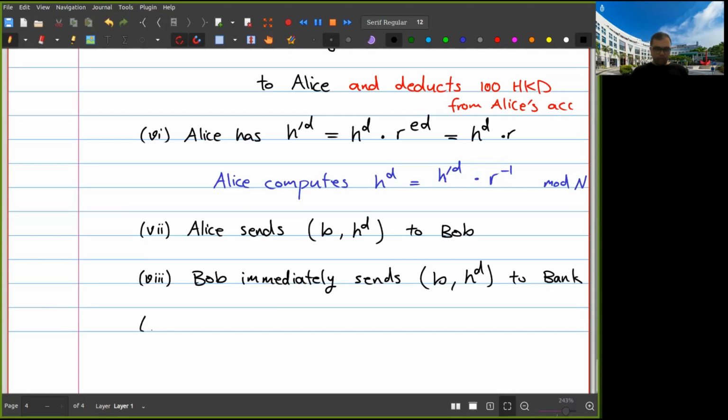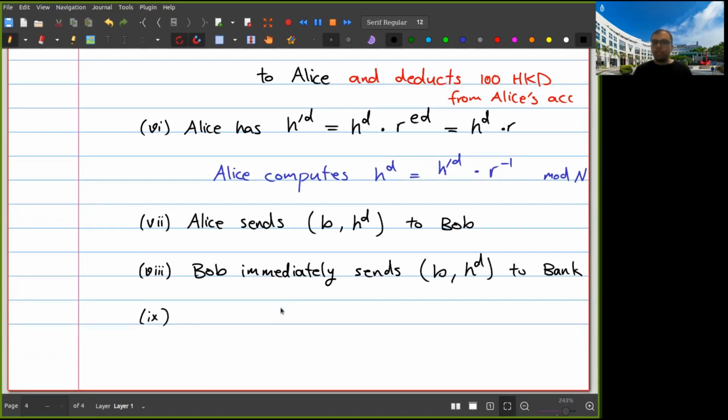Now the bank can actually verify its own signature, right? So the bank can take the hash of the banknote, that's H, and it can verify that this is actually a valid signature. So the bank verifies the signature.